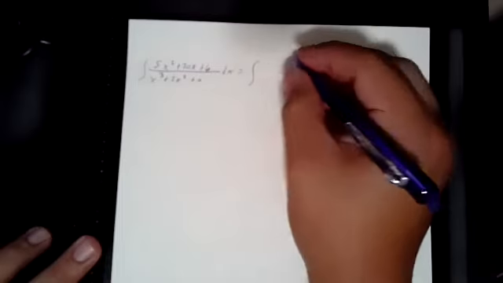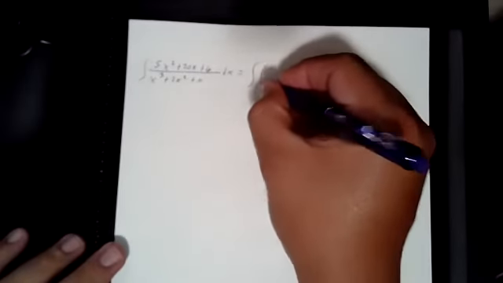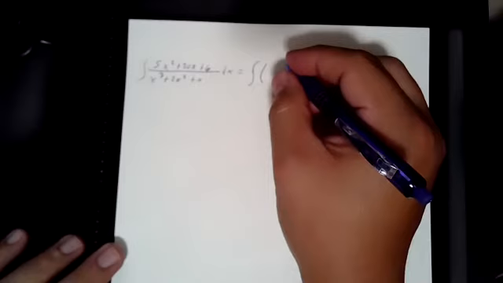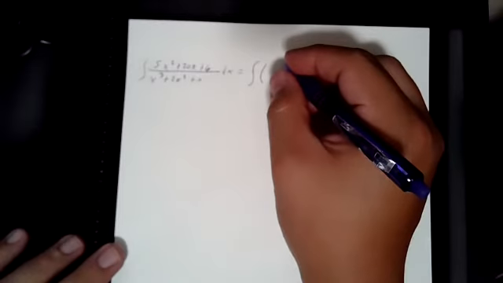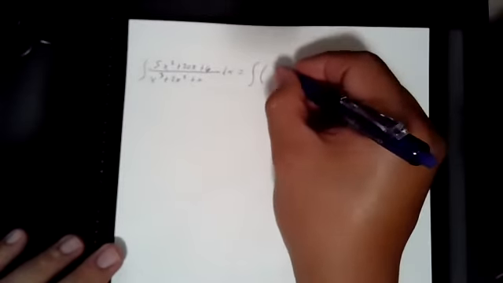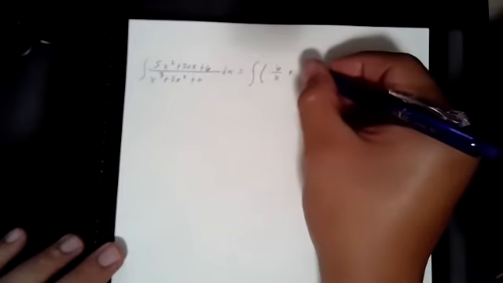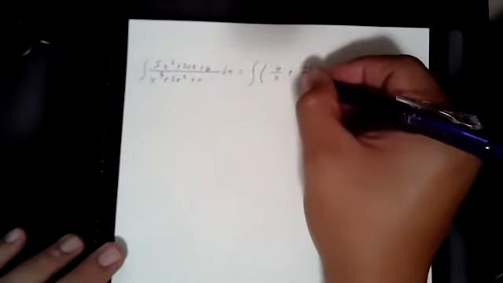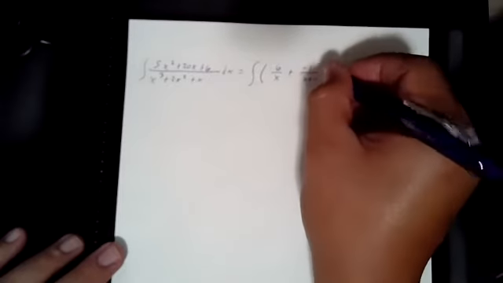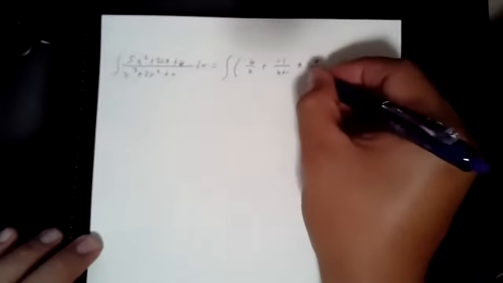Now we separated this into, what was it? 6 over x plus negative 1 over x plus 1 plus 9 over x plus 1 squared.